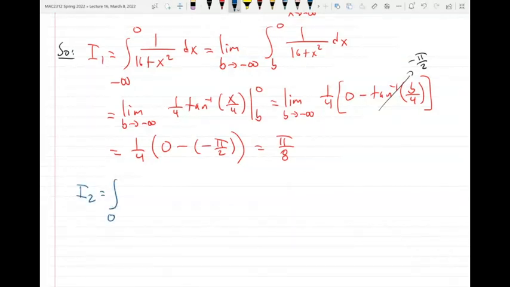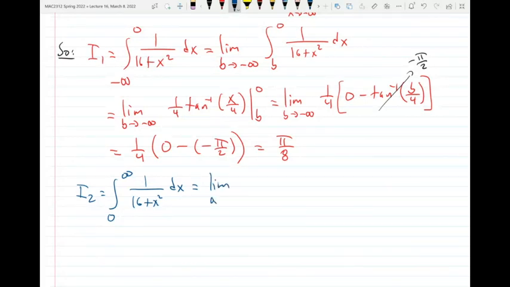So now I2 would be from 0 to infinity, and we are expecting to get the same thing, pi over 8. So this is the limit as, oh, should have put another letter, but it doesn't matter, you can use whatever letter you want. Let me just keep using b.